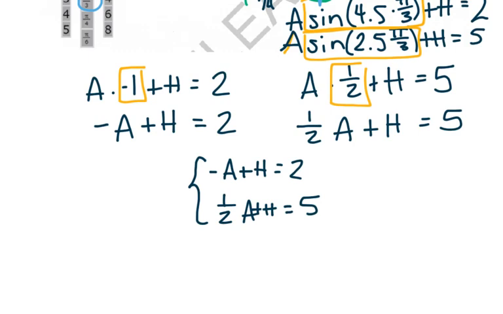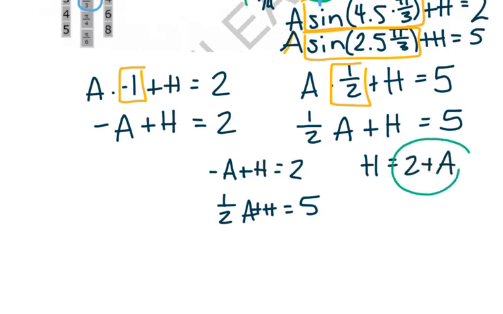And so I'm going to try to solve this. I'm going to solve the first one for h. So if I add a to the other side, I get 2 plus a. And now I'm going to take this equation and plug it in right here. If you need to watch a video on solving systems of equations, you can.